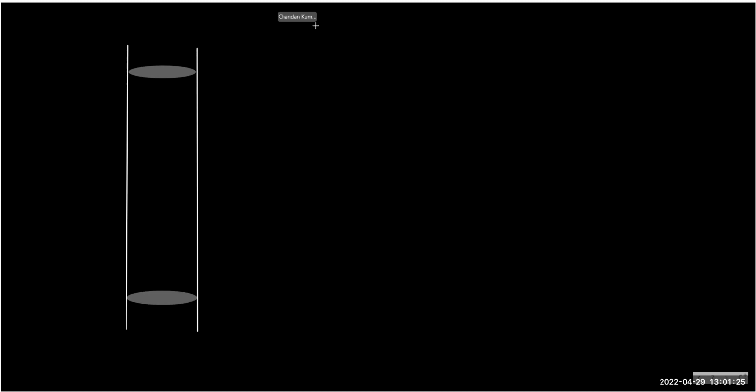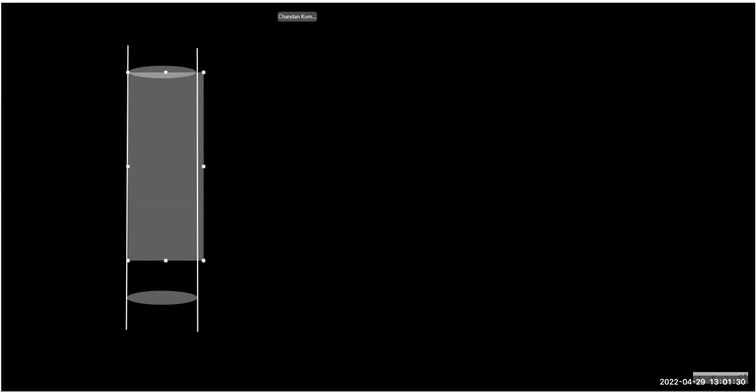So yeah, this is an infinitely long cylinder. And directly draw it like this.